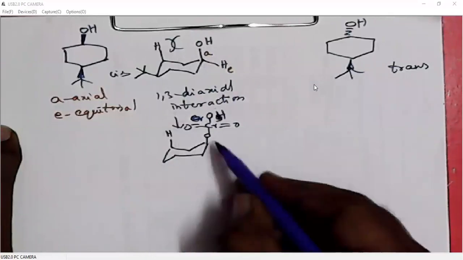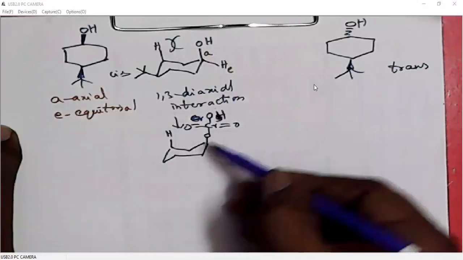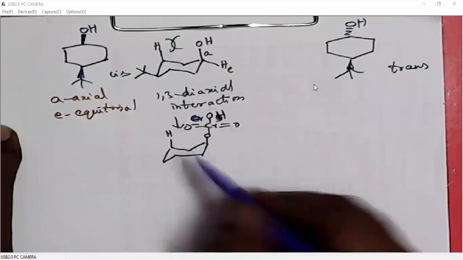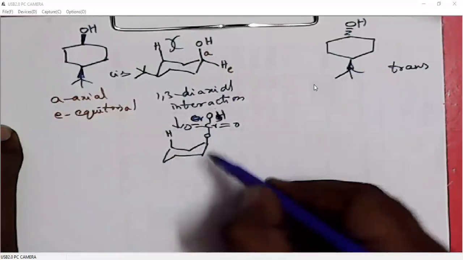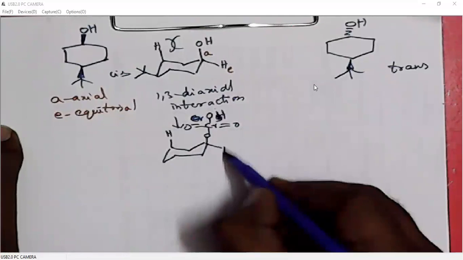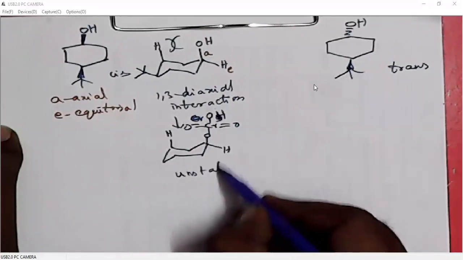This chromate ester also feels that 1,3-diaxial interaction, so it is unstable.